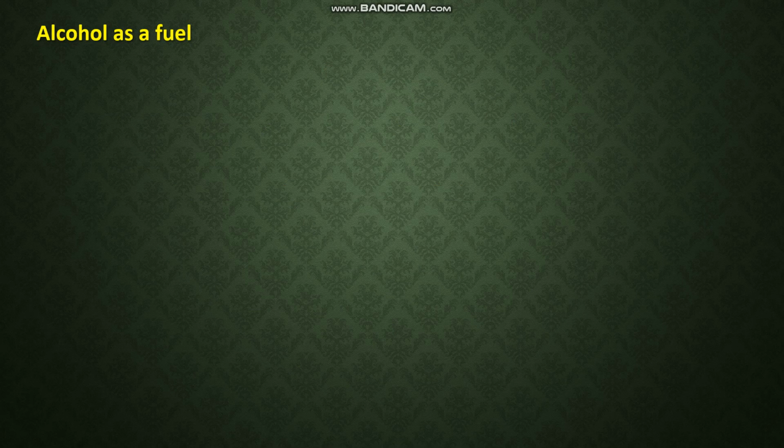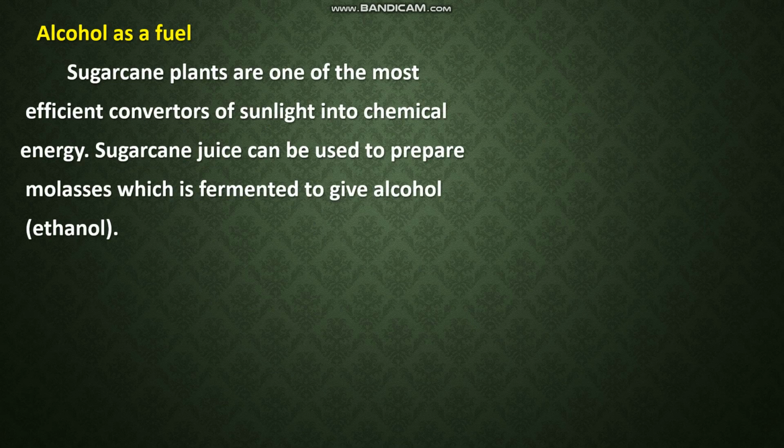Next, let us see alcohol as a fuel. Sugarcane plants are one of the most efficient converters of sunlight into chemical energy. The sugarcane juice can be used to prepare molasses, which is fermented to give alcohol, ethanol.